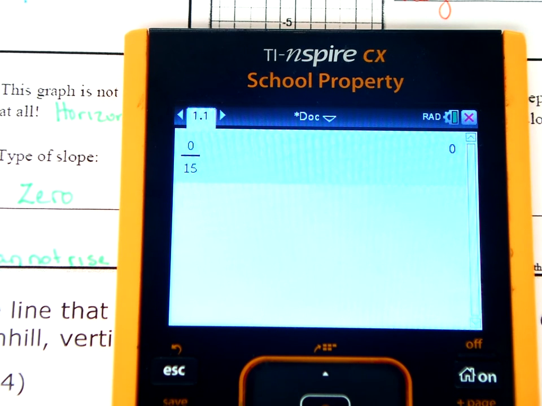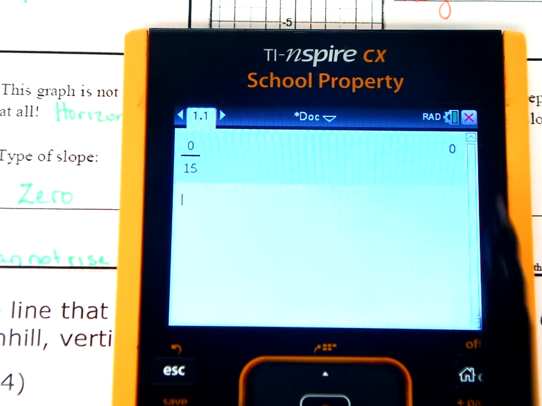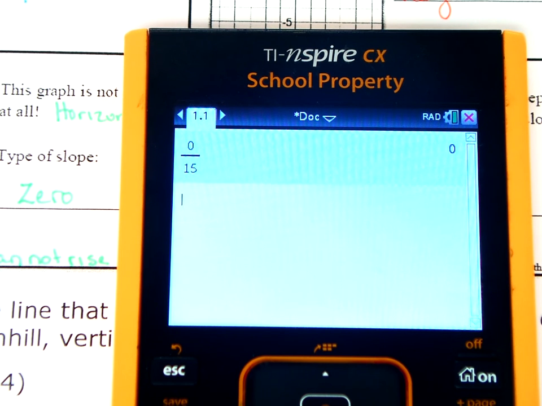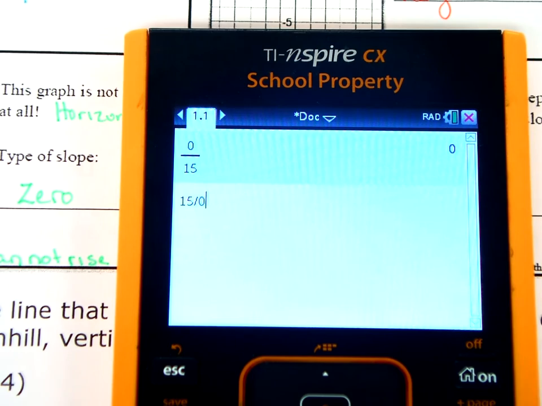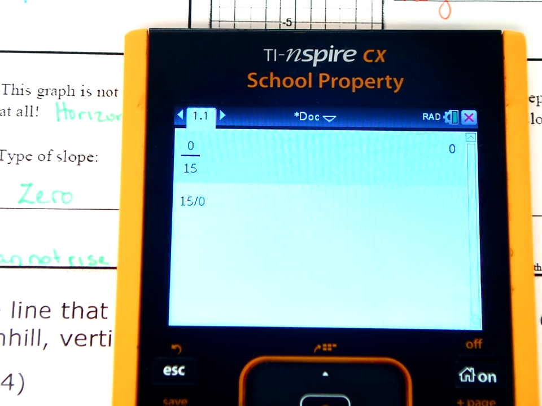I'm not rising. I'm only running 15, right? So it's horizontal. My slope is 0. If I can rise, but I can't run, if I do 15 divided by 0, I can't run, then my calculator tells me that's the one that's undefined.